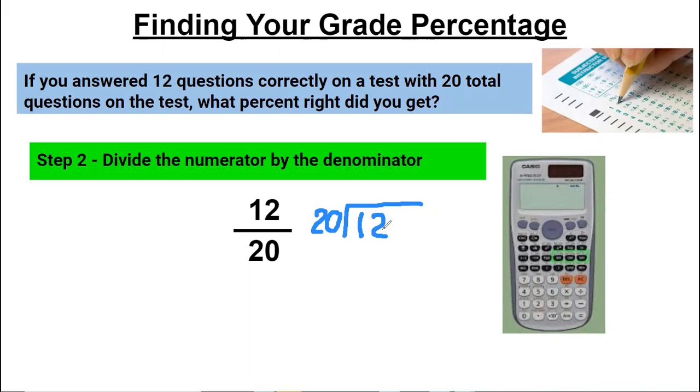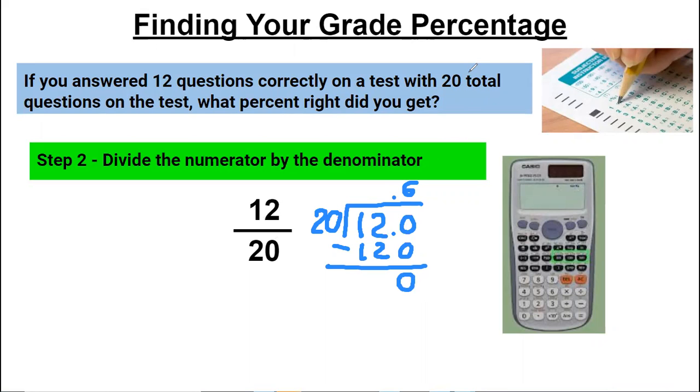So we could do this by hand and put a decimal point and a 0 and a decimal point here and say how many 20s go into 120? Well, 20, 40, 60, 80, 100, 120, so 6, right? And then 20 times 6 is 120, and 120 minus 120 is 0. So 12 divided by 20 is 0.6.